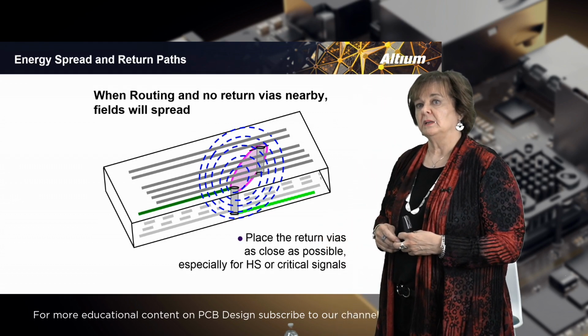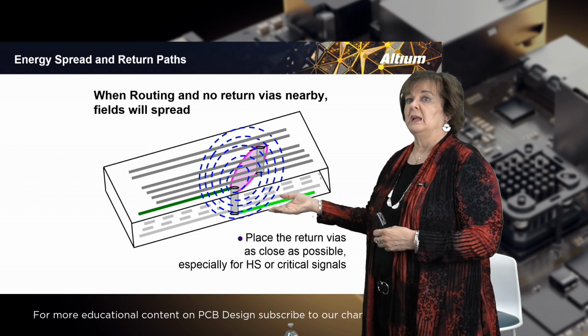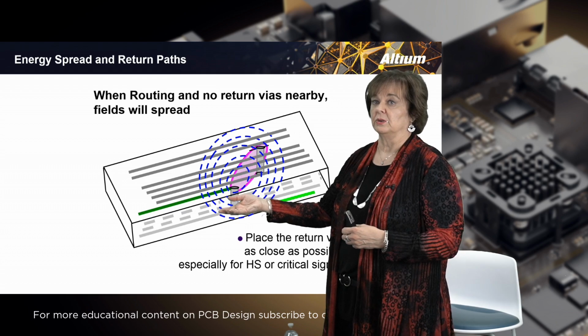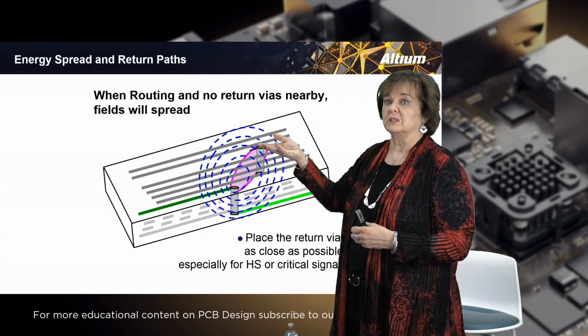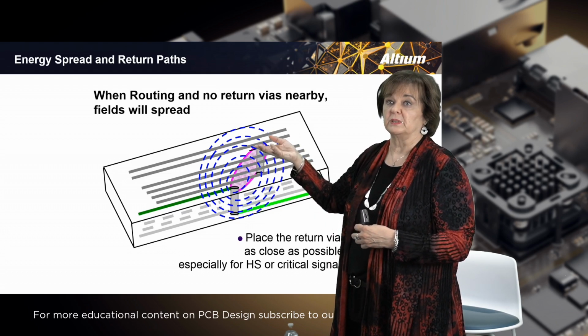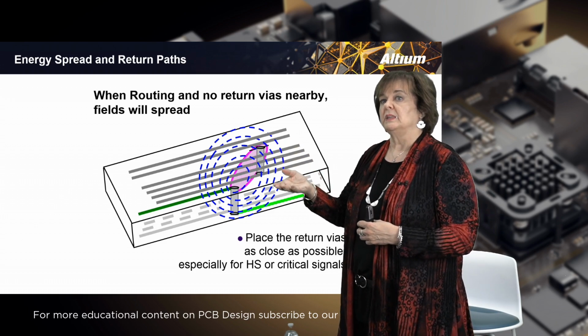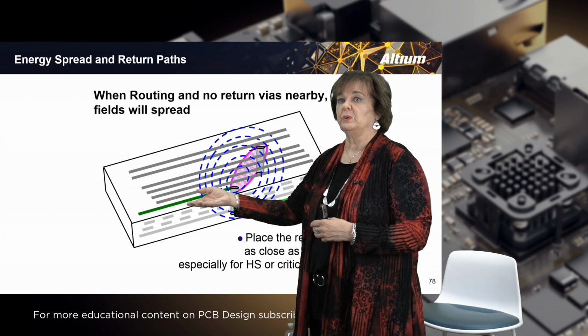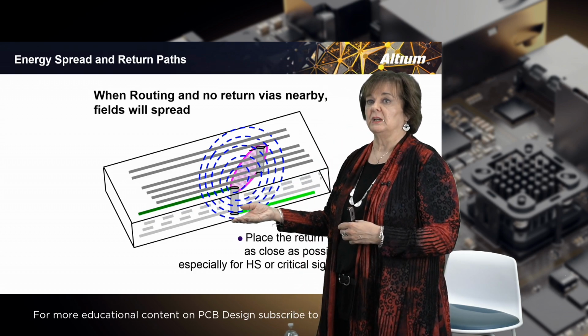If we're routing through the layers of the board, and this is intended to show that the signal is here and the closest ground pin is far away, then the signal will come through here and change layers and go down to this layer.